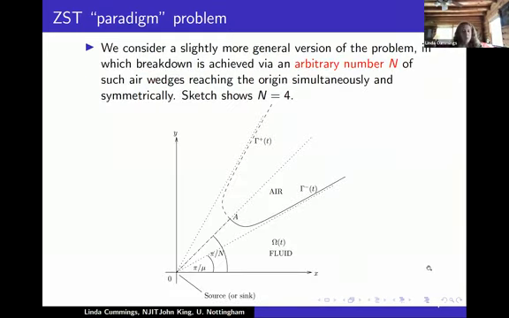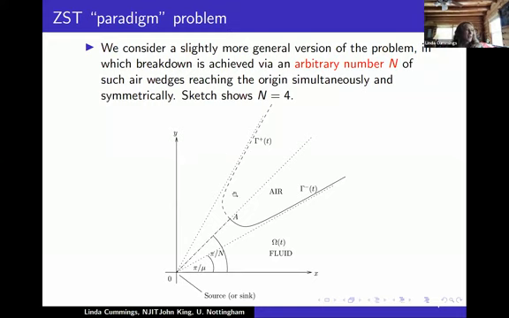We can actually consider a slightly more general version of this problem. In those numerics that I showed you, there was just a single wedge entering the sink at the breakdown time. Mathematically, we can be slightly more general. We can construct solutions in which breakdown is achieved via an arbitrary number, let's call it capital N, of such air wedges that reach the origin simultaneously and symmetrically.